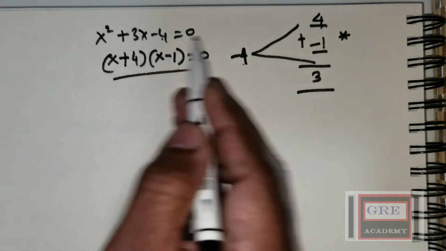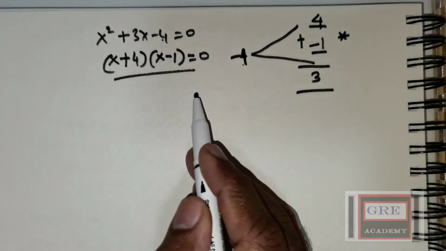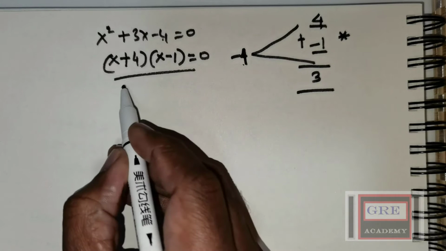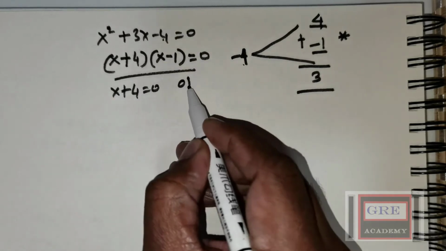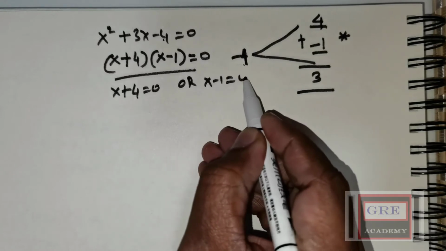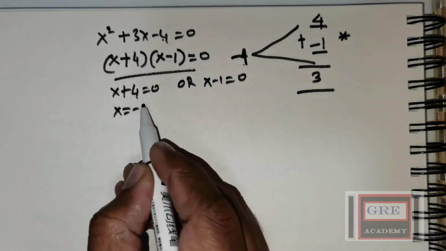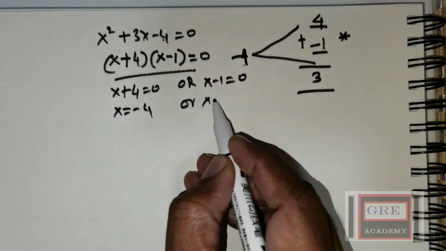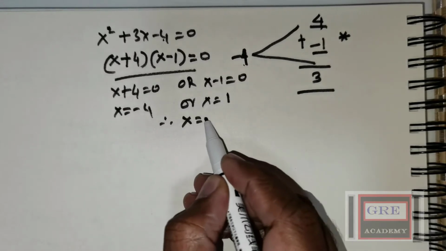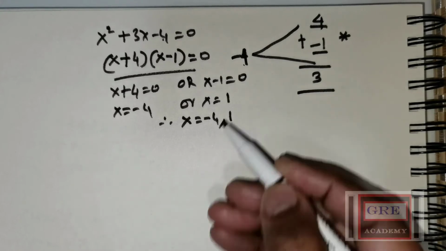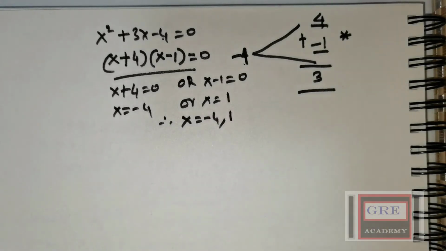So this is one of the ways by which you can adopt the technique of factorization. So clearly from here I can rewrite this as x positive 4 is equal to 0, or x negative 1 is equal to 0. From here x is equal to negative 4, or x is equal to positive 1. So therefore the values of x are negative 4 comma positive 1. So that completes the solution for this question.